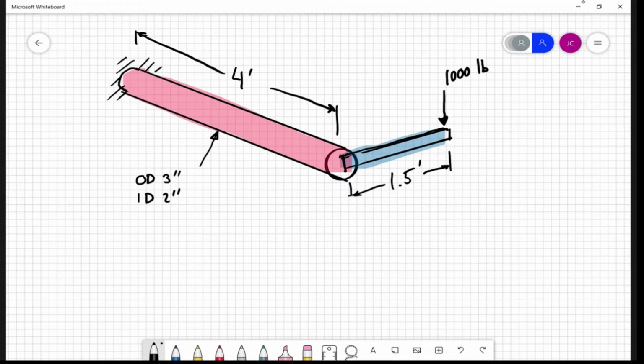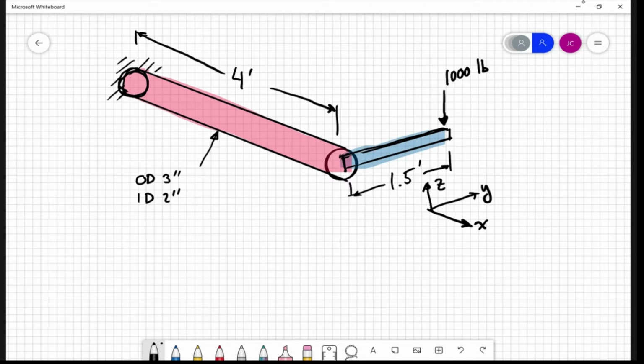And so let's put some coordinate axes here. So let's call this the positive X direction, this the positive Y direction, and then if it's a right-handed rule, up would be the positive Z direction. And let's talk about what is happening here at this back cross section, okay?